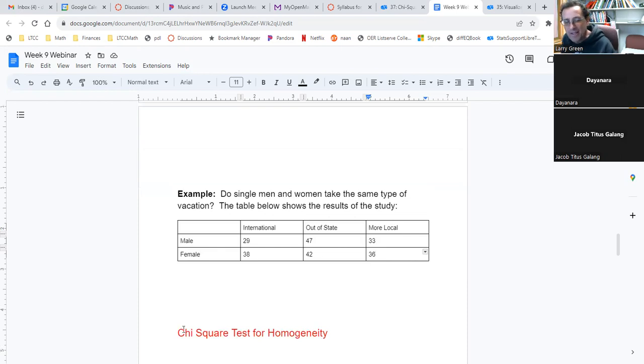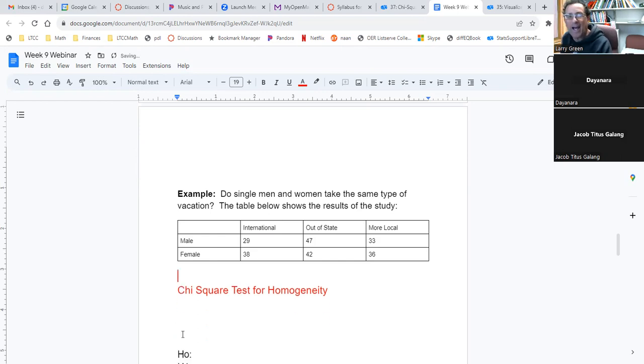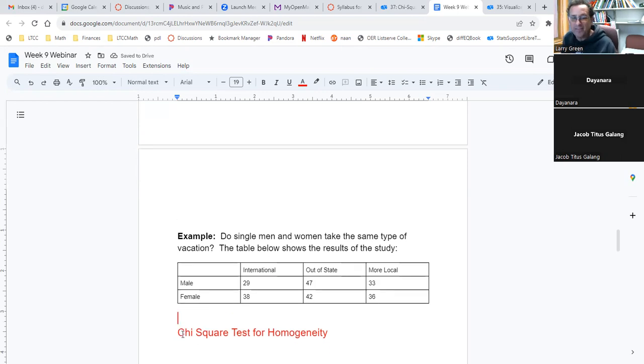And the name of the test we use for this kind of question is called a chi-squared test for homogeneity. Okay, when have you heard the word homogeneity or maybe homogeneous? Or homogenized? Yeah, you might have seen it in biology. What does it mean in biology?